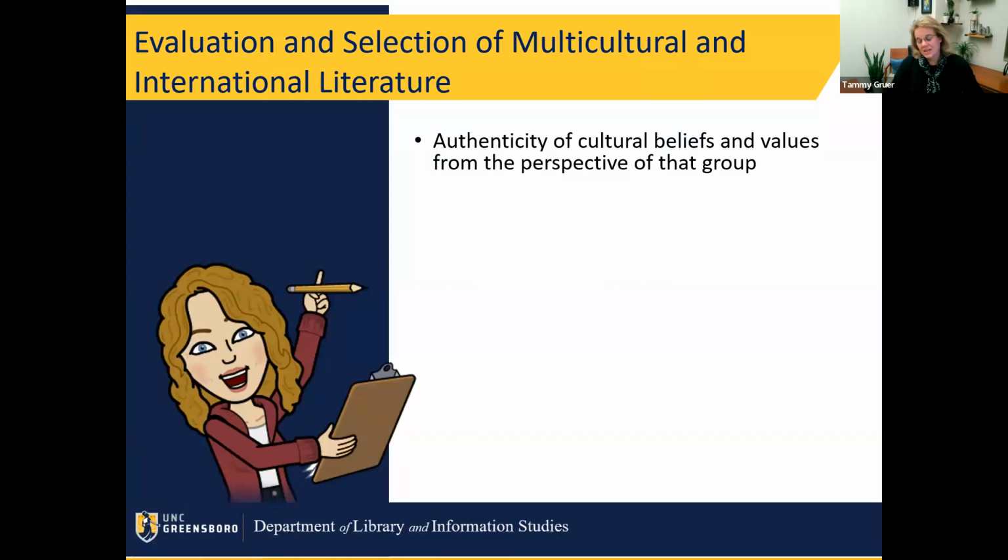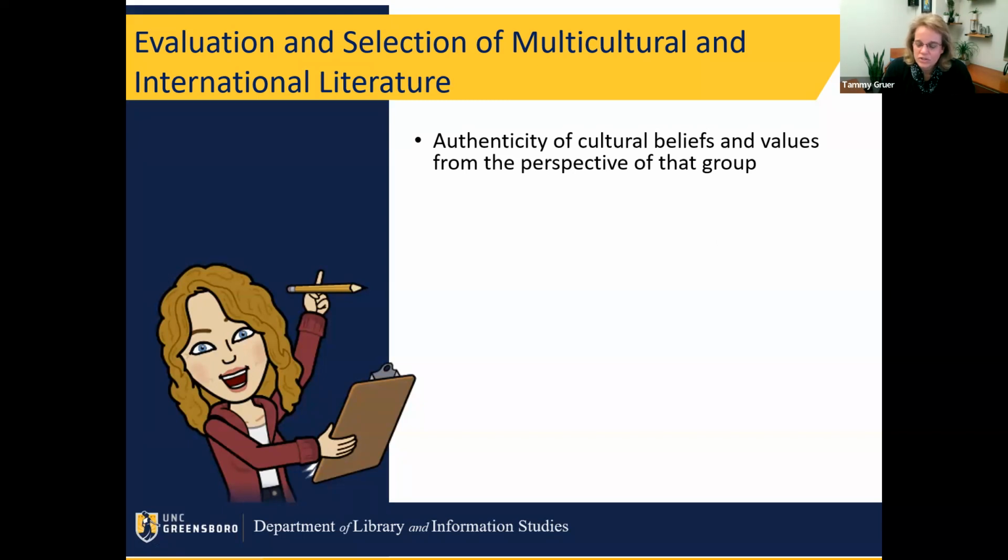One is authenticity. And that's one reason I shared with you the video that Kadir Nelson did. Understanding, with him, it was what it looked like. He wanted to make sure it was authentic in the way that the folds of the fabric even. But he also went and interviewed, and he did research to support the authenticity of the language that he was using and those cultural beliefs and values from the perspective of that group.